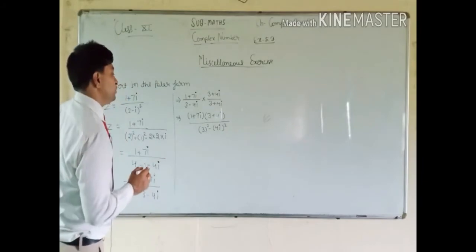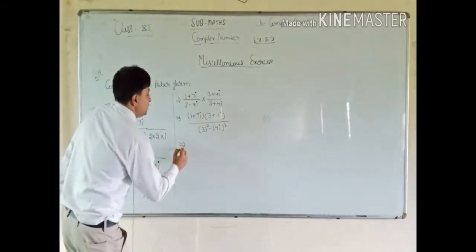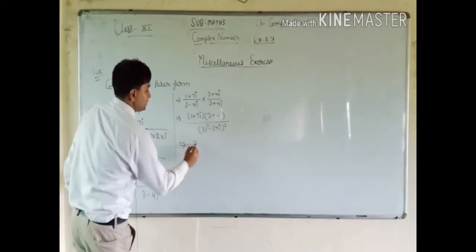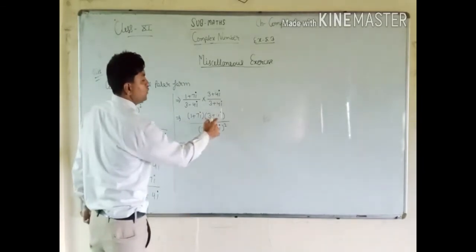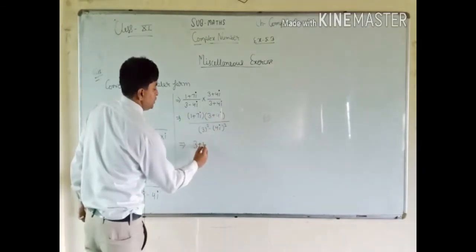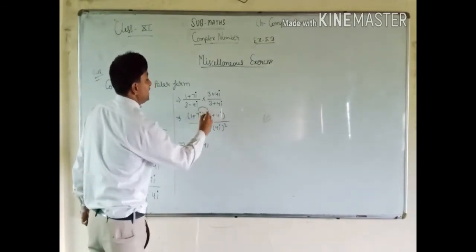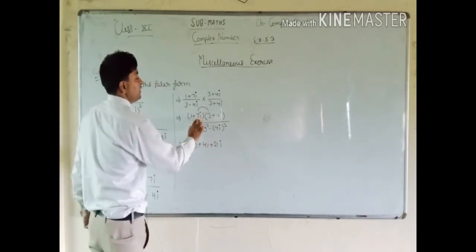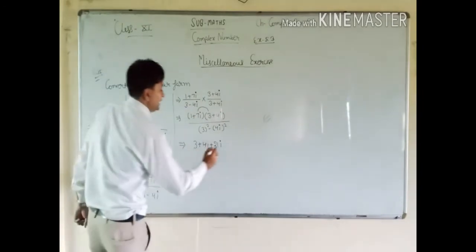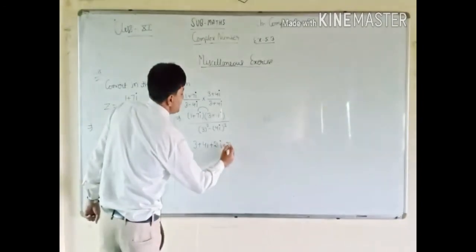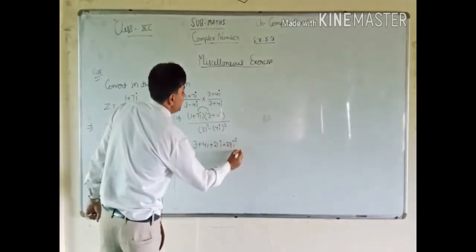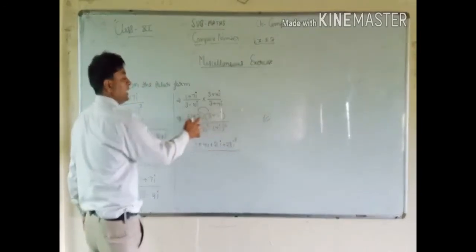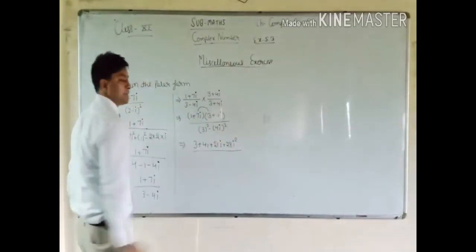Now multiply to each other. 1 × 3 is 3, 1 × 4i is 4i, 7i × 3 is 21i, and 7 × 4 is 28, and this is i². Iota multiplied by iota, then we find i².